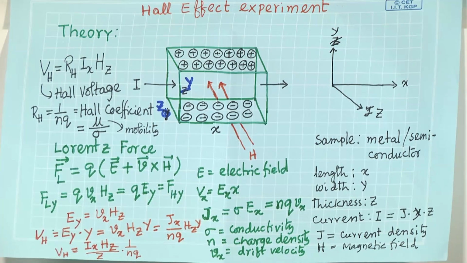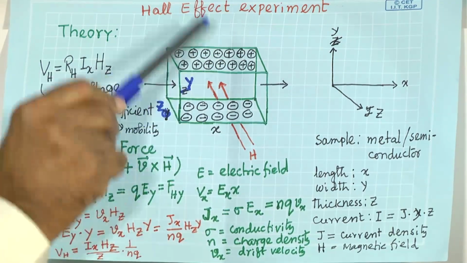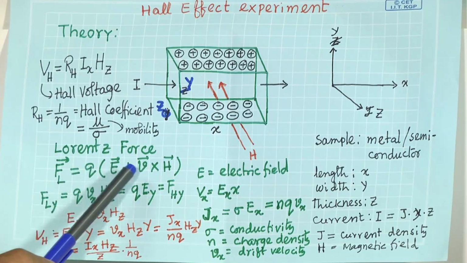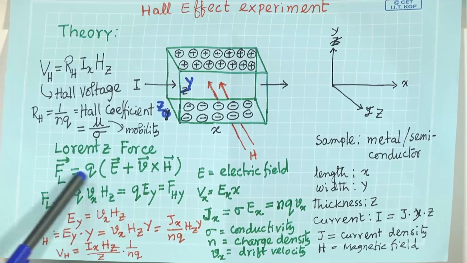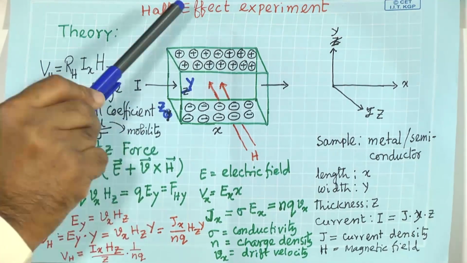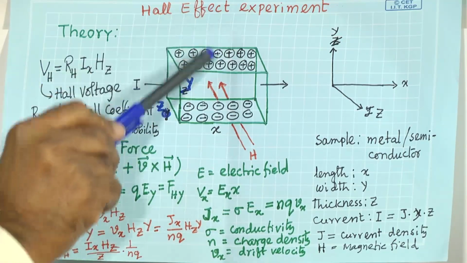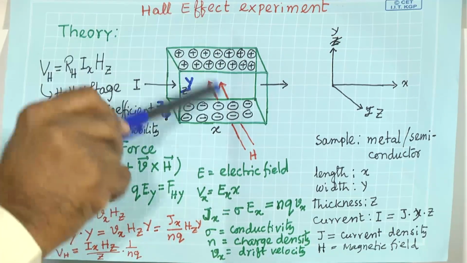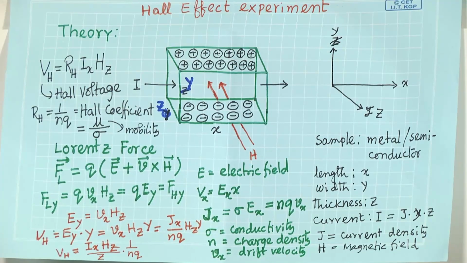Now what happens is that due to the Lorentz force along the y direction, that is Q Vx Hz, this force makes the electron or carrier move in the y direction. When they move, there is a charge separation. Due to charge separation, that voltage will develop.